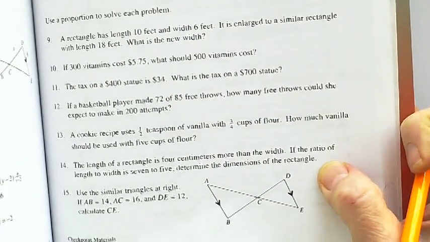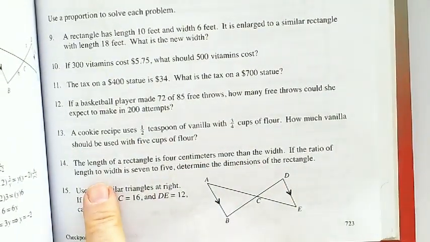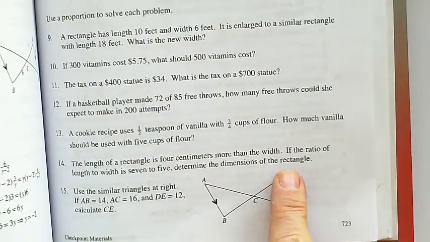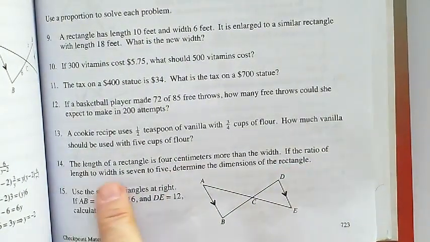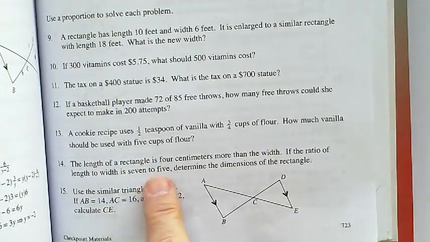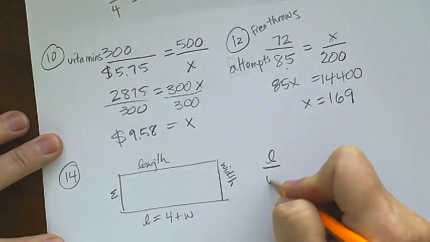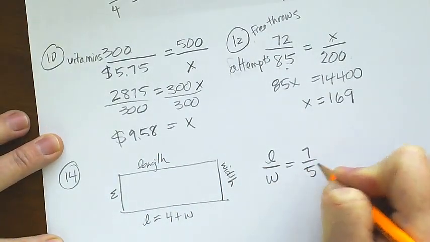If the ratio of length to width is 7 to 5, determine the dimensions of the rectangle. So the ratio of length to width is 7 to 5.